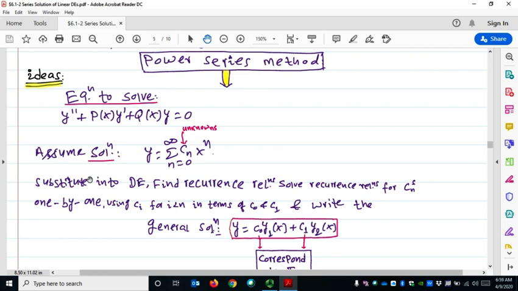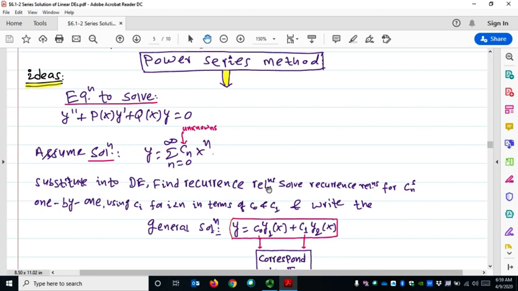Next, substitute this power series into the differential equation. Put y equals this power series, take the first derivative and put it in this term, and take the second derivative and put it here. Then find the recurrence relations.